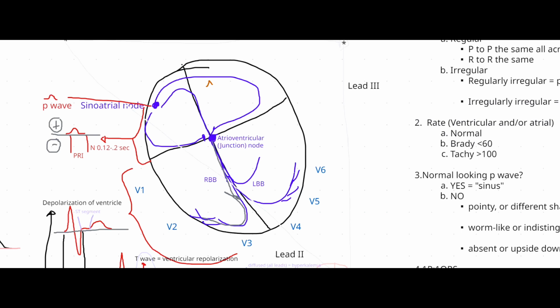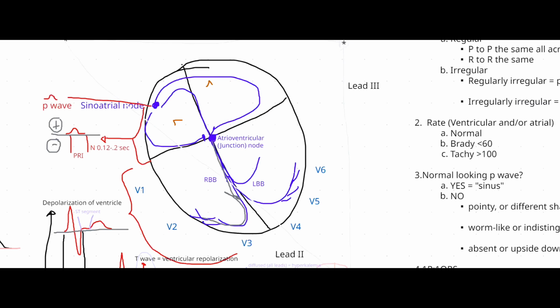So these are abnormal P waves. And if it's a P wave, it came from the atrium, but it didn't come from the sinus because it's not normal looking. You follow? So that's atrial.